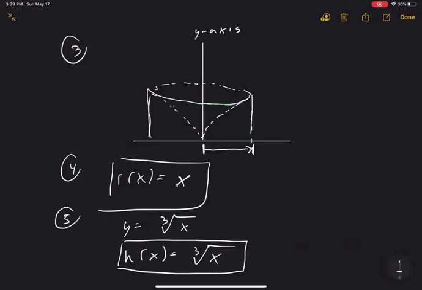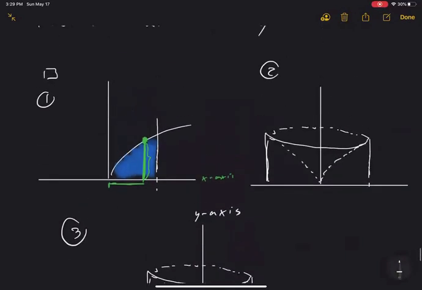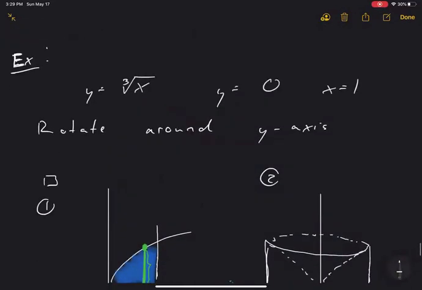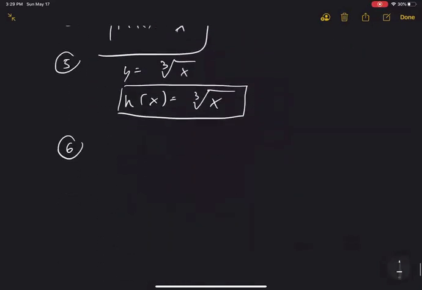I only want to integrate along my object. So what are these points? Well, this would be x equals 0, and then what is this point? Well, that vertical line was x equals 1. So I want to integrate from 0 to 1.